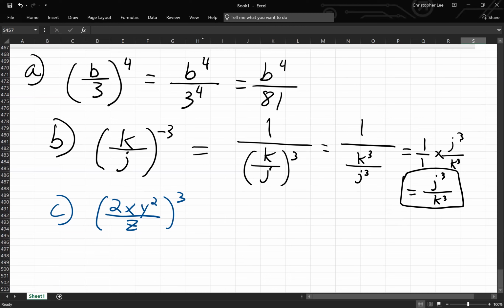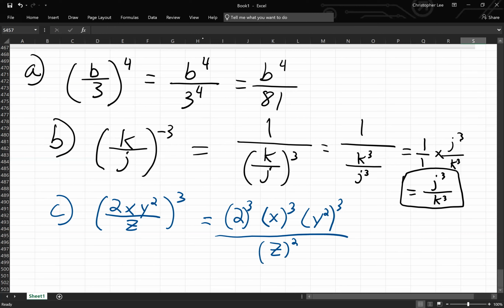Everybody gets the 3rd power, including the y squared. So look, it's going to be 2 to the 3rd, x to the 3rd, y squared to the 3rd, over z to the 3rd.